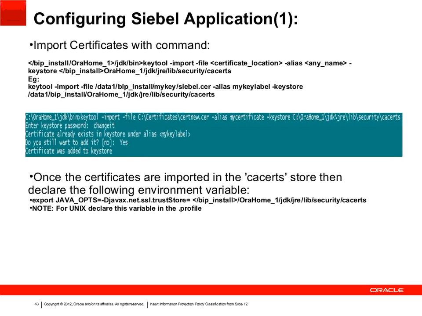Now, as discussed earlier, the certificate files will be stored in the cacerts file inside Java's keystore. Once these certificates are imported by the shown command, we need to declare the JAVA_OPTS environment variable. This is as shown in the slide. We need to declare it exactly as it is. Basically, why are we declaring this? By declaring this variable, we are telling BI Publisher where to search for the certificate files.